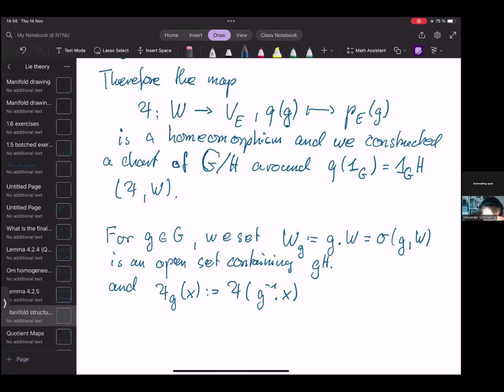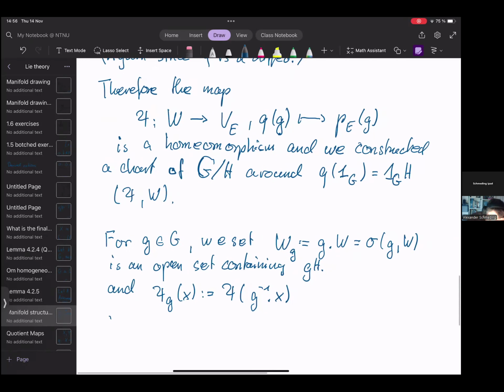So this is a homeomorphism, since all the maps sigma G, this was by definition sigma, and then we put in G here.